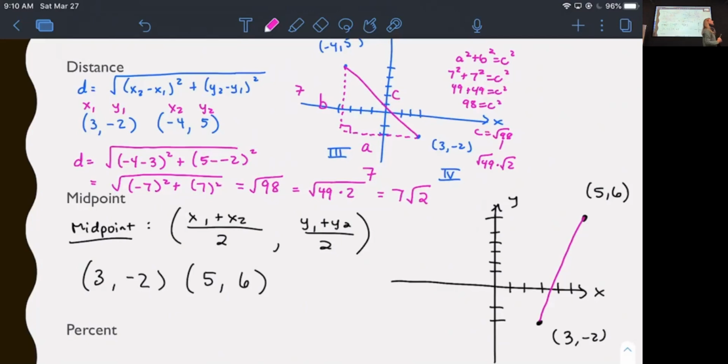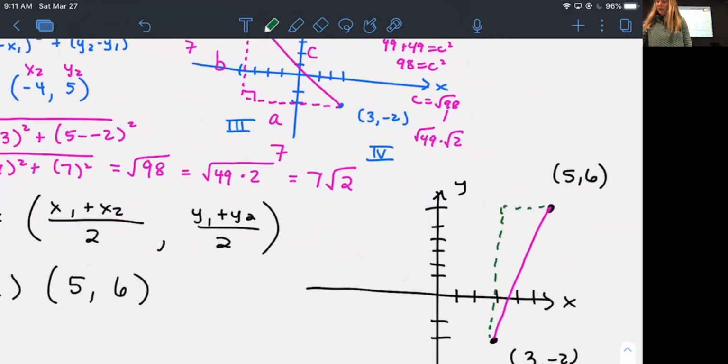Making that right triangle also helps you find slope, which we'll talk about later. Remember, slope is rise over run. So making the right triangle helps you find the slope of that line. So if I rise and then I run, I'm finding the slope. I started at a height of -2, and I went all the way up to a height of 6. So how many did I rise?